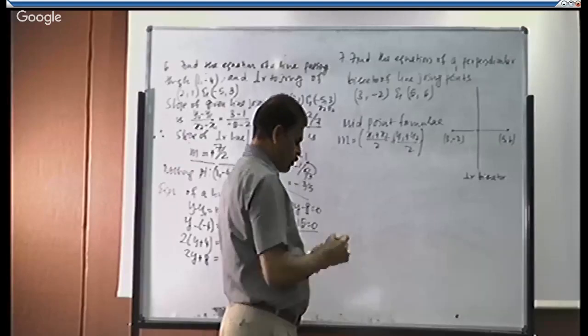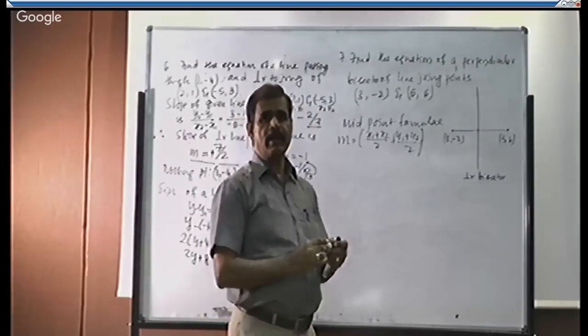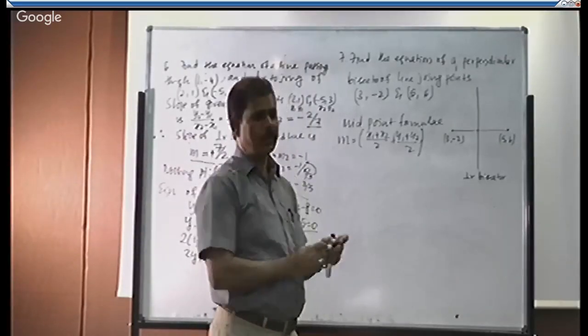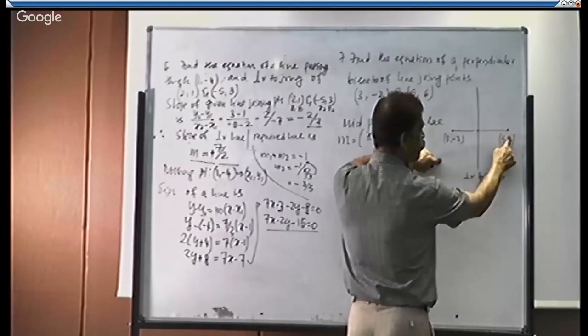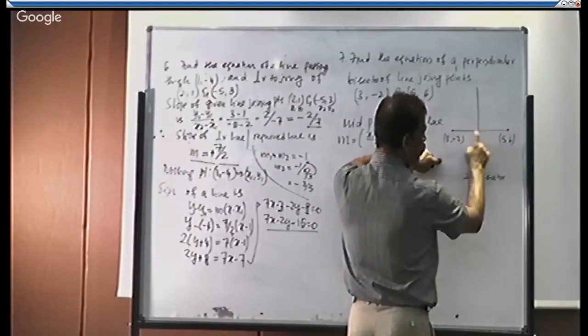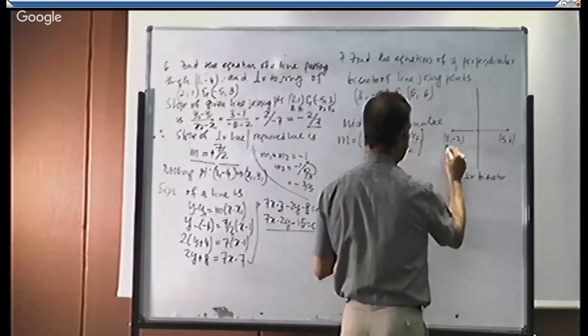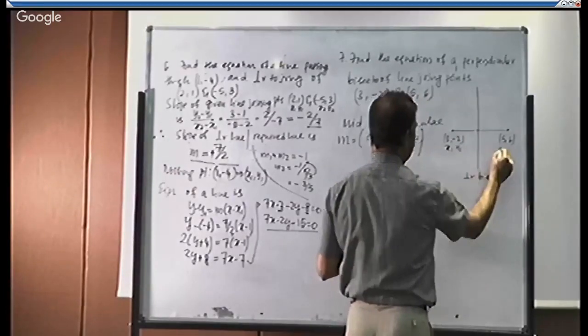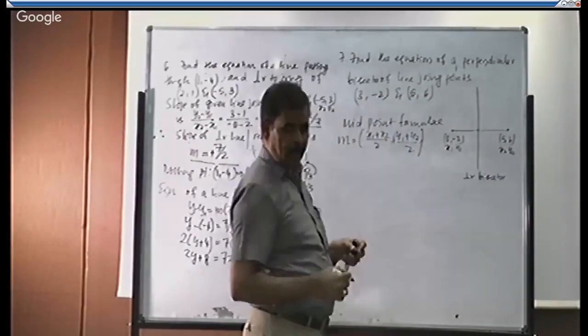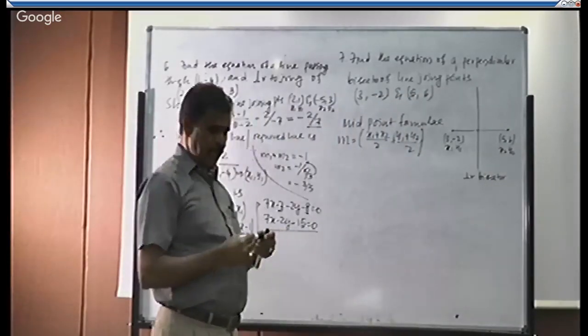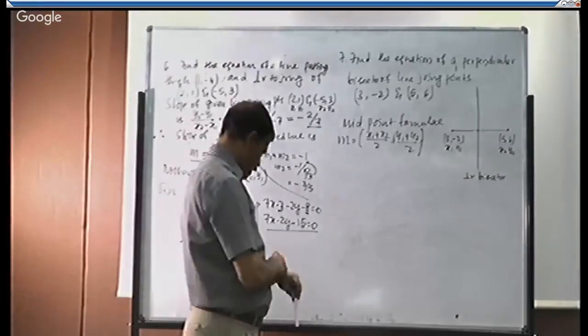This is the formula used to get the coordinates of the midpoint. Consider the points as x1, y1, x2, y2. Get the midpoint, and that will be considered as the passing point.